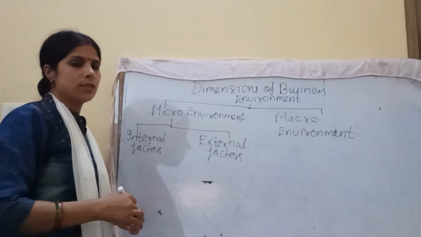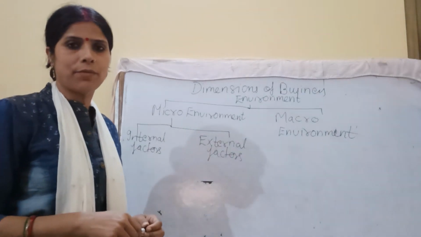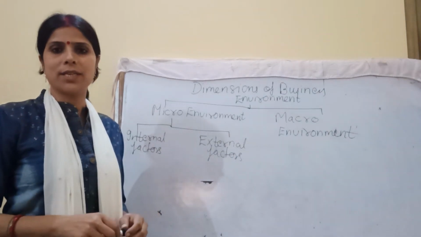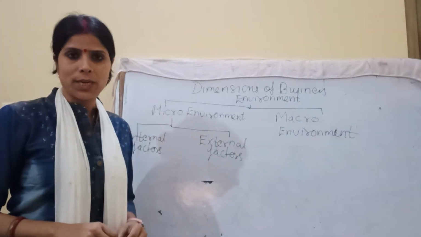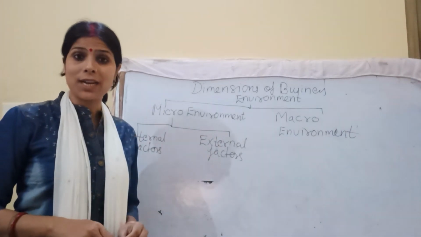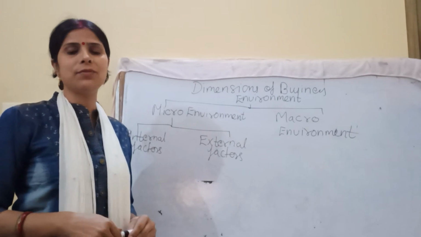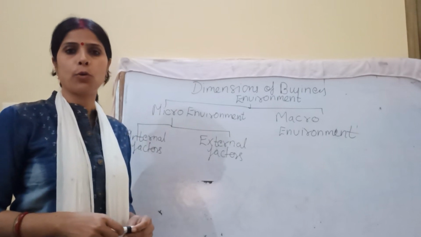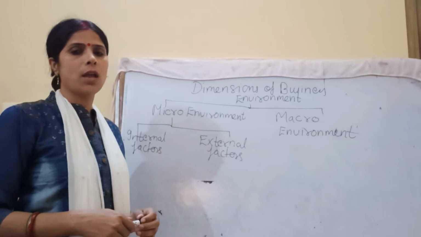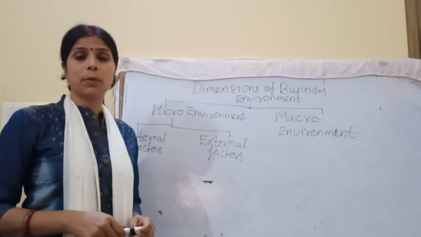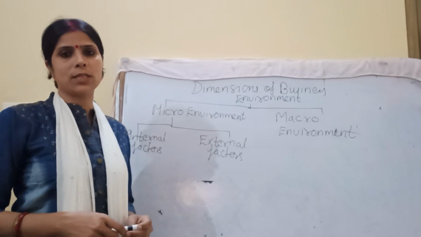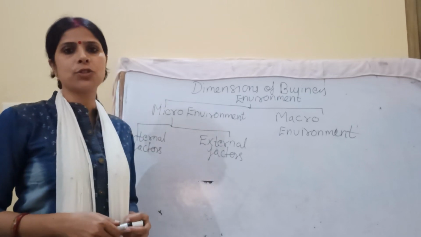The internal factors we have already discussed. There were several points. Let us revise it. We discussed the mission and objectives of the firm, the corporate culture, the values, the beliefs, the systems which are followed by the business organizations. Then about its mission and objectives, we discussed what is the purpose of the business, for what it has been established.